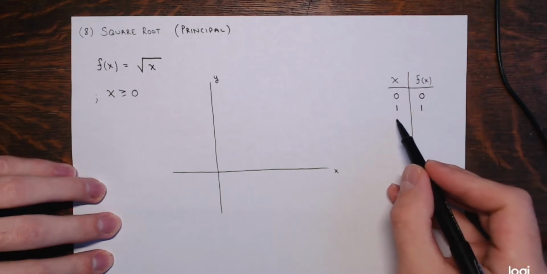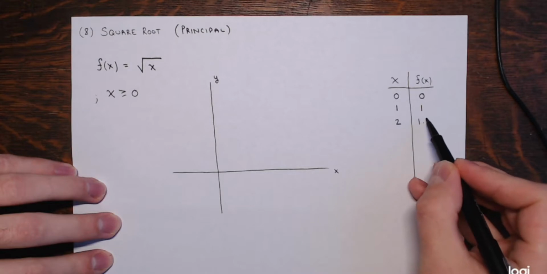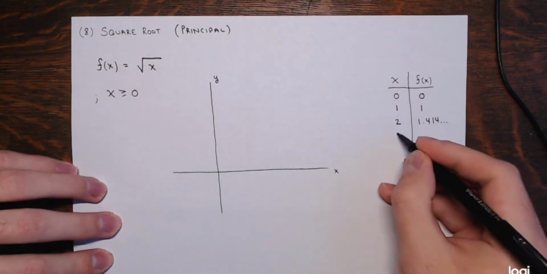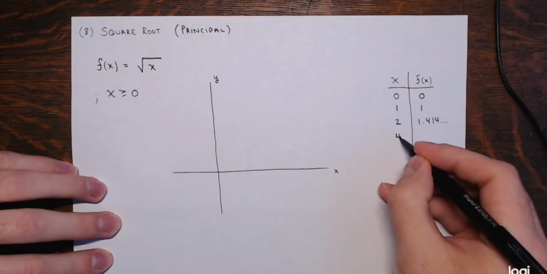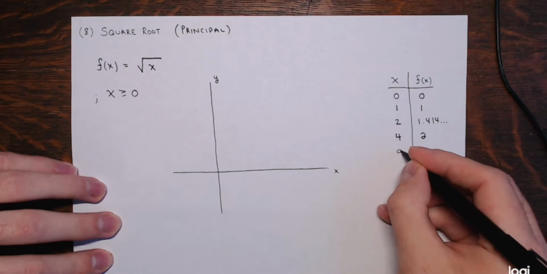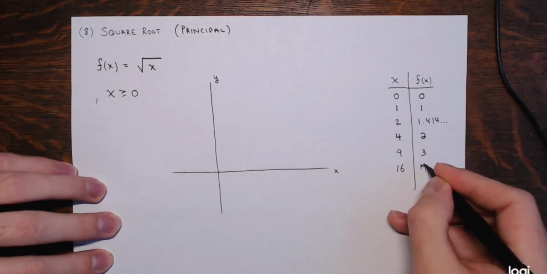Now, I wouldn't plug in 2. If you did, the principal square root of 2, the non-negative square root, is about 1.414 or something. It's not nice. So I would plug in something that I know is a perfect square, like 4. Square root of 4 is 2. Square root of 9 is 3. Square root of 16 is 4, and so on. 4, not 14. I don't know why I wrote 14.